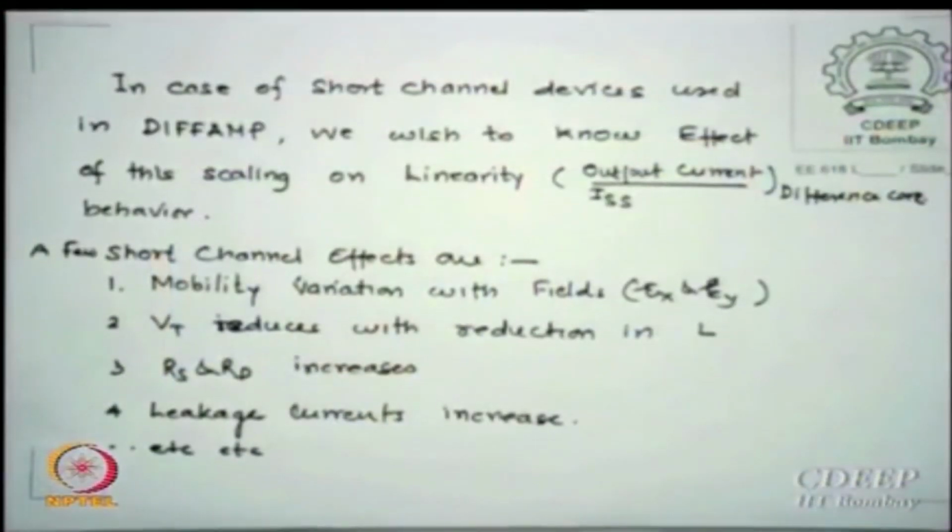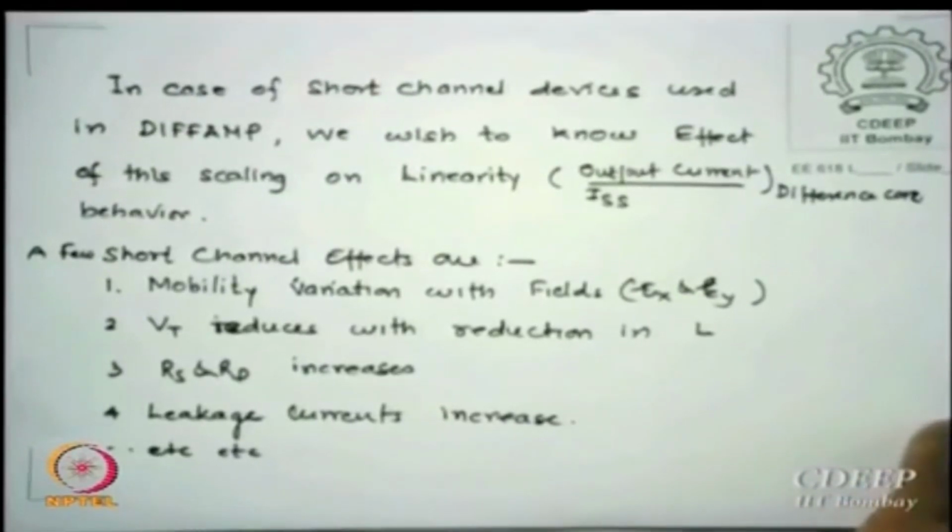Since we are now going to even 0.35 is a short channel device, but 90 nanometers and below is certainly a very short channel device, and the current technology of RF and digital is around 45 down. So many worries are there, but one of the major circuit worries is what I am looking into.